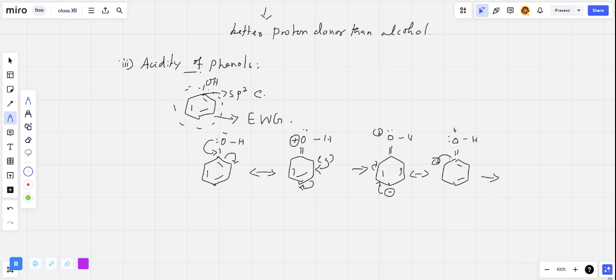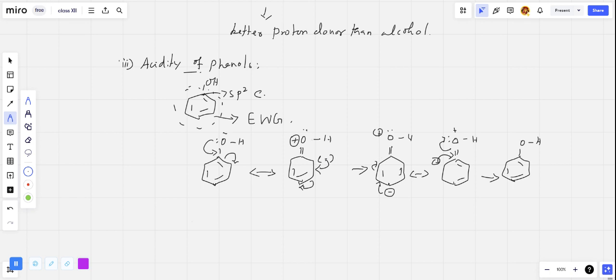Again it goes this way, so it goes back to the original. That means due to resonance, oxygen acquires a positive charge, thus facilitating the release of H plus.